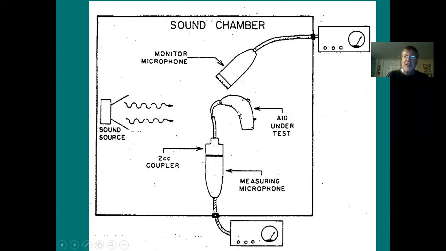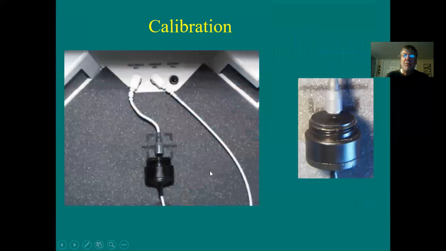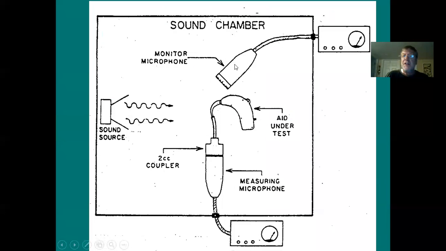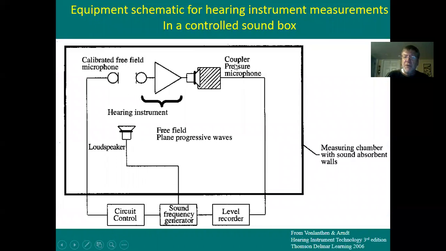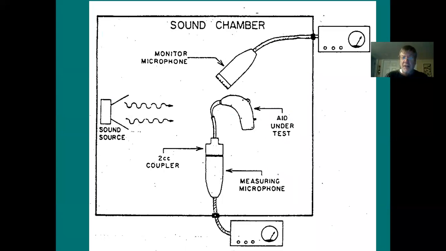It connects the hearing aid to the measurement microphone. And this measurement microphone is this black box here. And that little gray microphone, that is this thing here. They're all different, okay? But at any rate, this is the general layout of an ANSI situation.